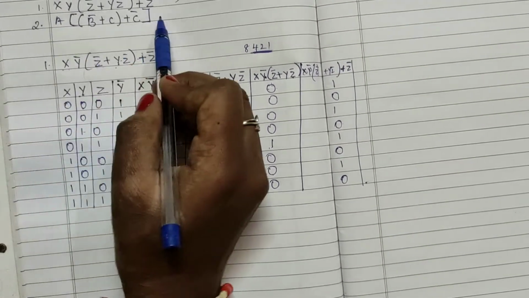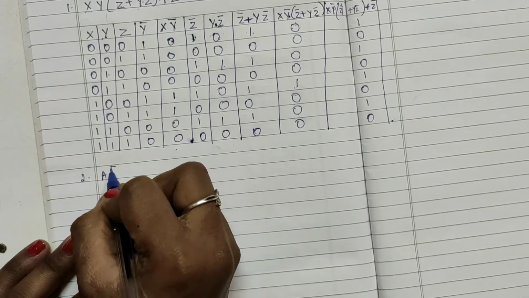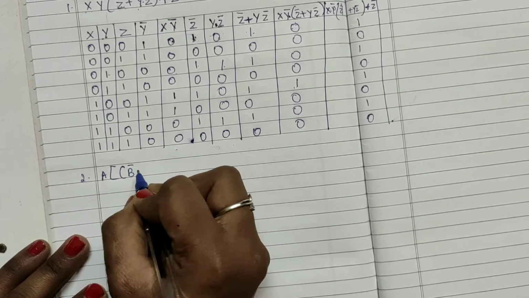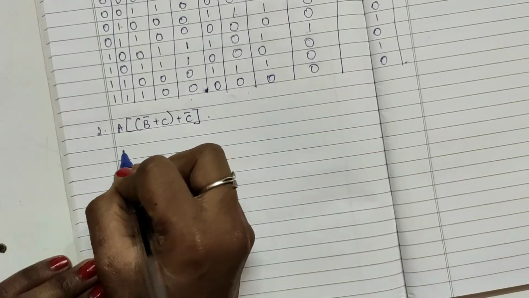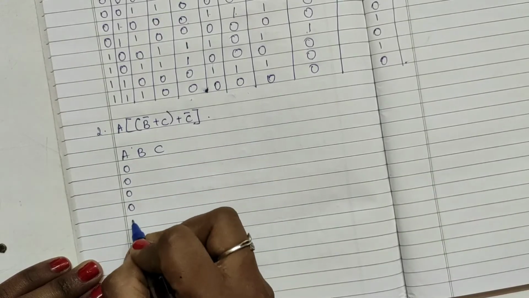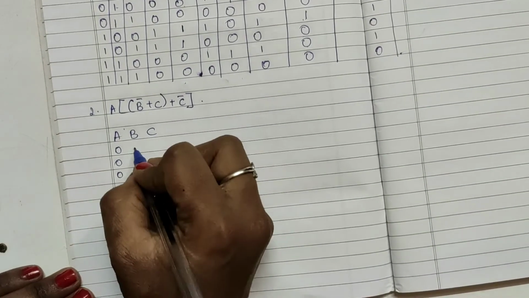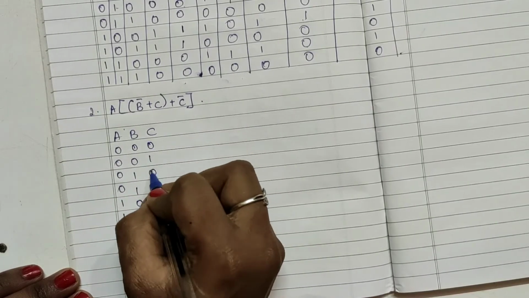Now let's solve our second equation, which is of three variables again. So a open bracket b bar plus c close plus c bar close the bracket. So a, b and c, 4 times 0, 4 times 1, 0 1 1 0 1 0 1 0 1 0.